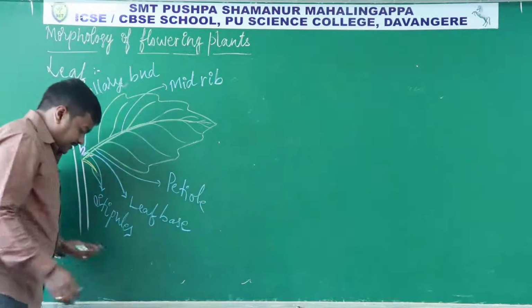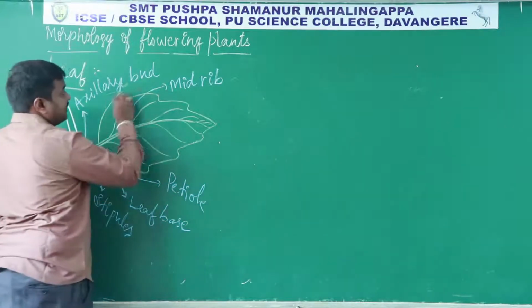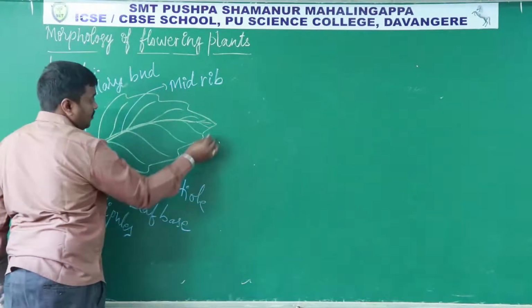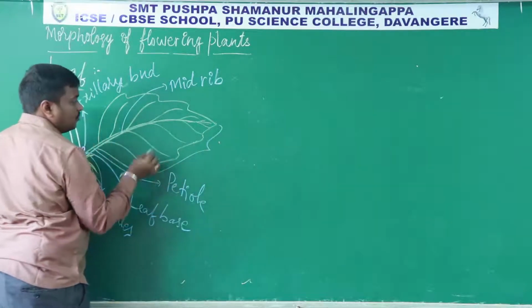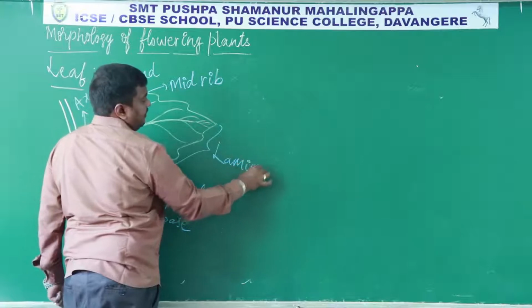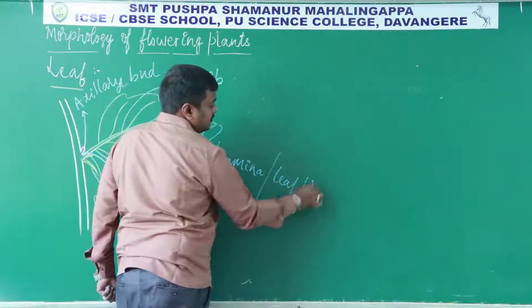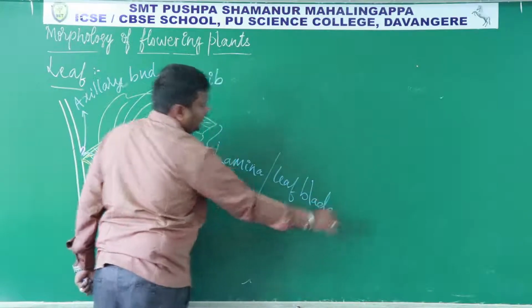Then this whole leaf is called the lamina or leaf blade.